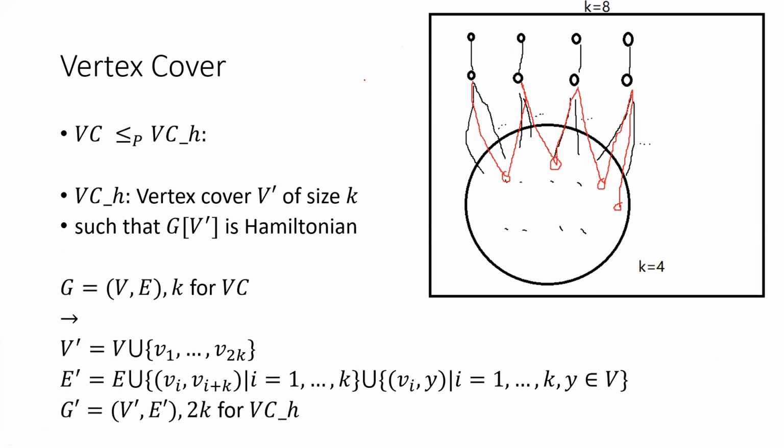So the first result is that these k vertices will always be in the vertex cover set, will always be in VC. This means if we have a VC of size 2k, then we will definitely have a VC for this set of size k.